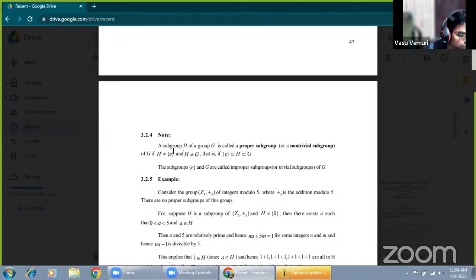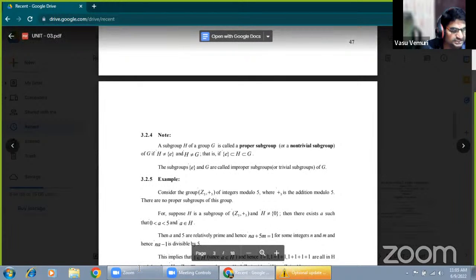That is, H is not equal to the set {e}, and H is not equal to G. So the identity must be contained in H, and H is contained in G. This type of condition is called a proper subgroup. According to this, it can also be written as {e} is a subset of H, and H is also a subset of capital G, or H is properly contained in capital G. Now, there are many types of notation for our convenience. It reads as {e} is contained in H, which is contained in G.